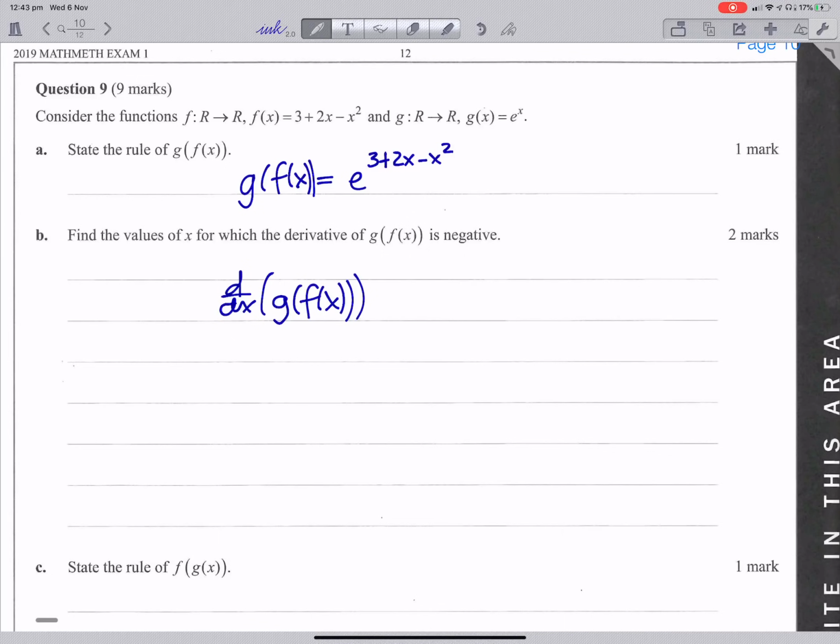So there's a bracket, there's another bracket. So we get negative 2x because we bring our power down the front, plus 2, e to the negative x squared. Derivative is negative. Plus 2x minus x squared.